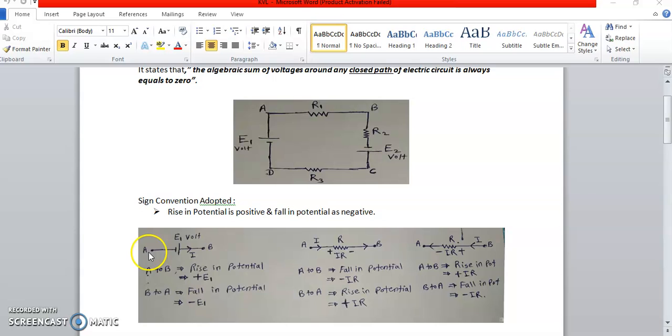Now, assume the current in this branch is flowing from terminal A to terminal B, and if we traverse from terminal A to terminal B, there will be a rise in potential because we are moving from the negative potential of the battery to the positive potential. Hence, there is a rise in potential while moving from A to B. Hence, it is written as plus E1.